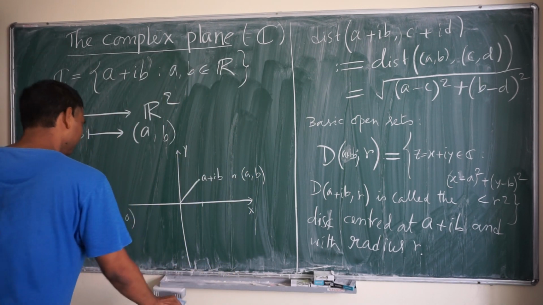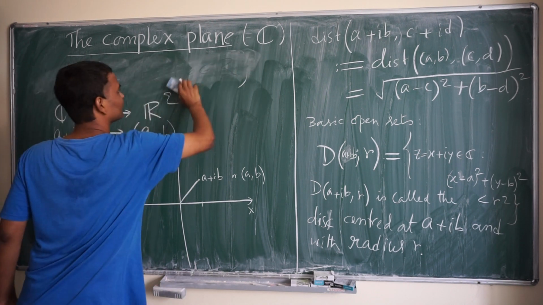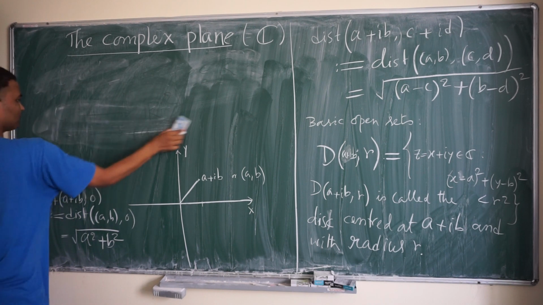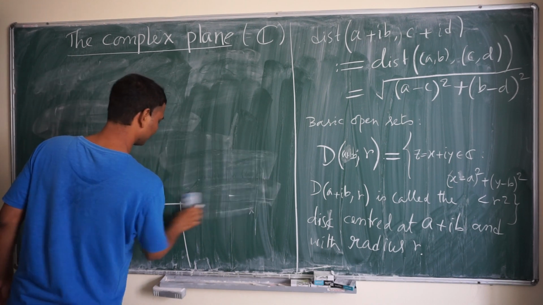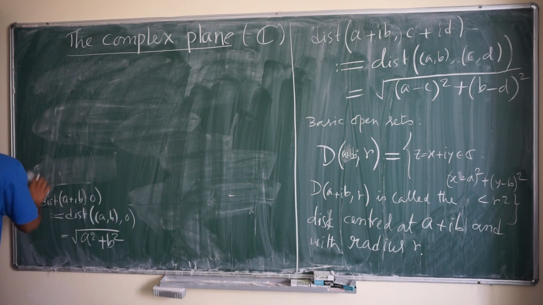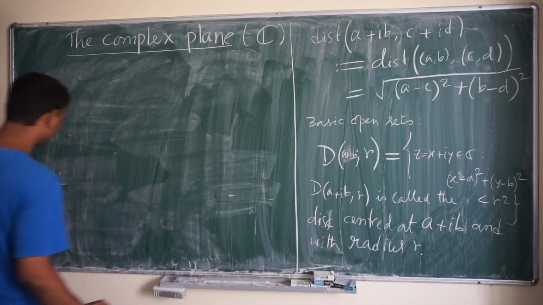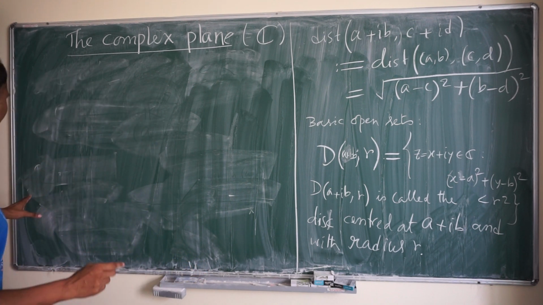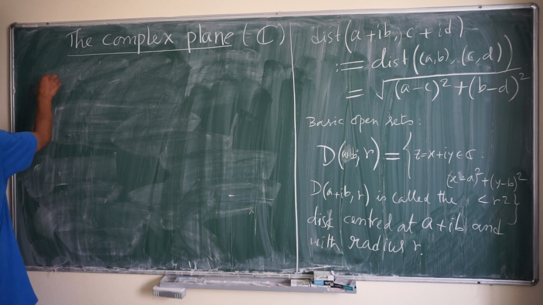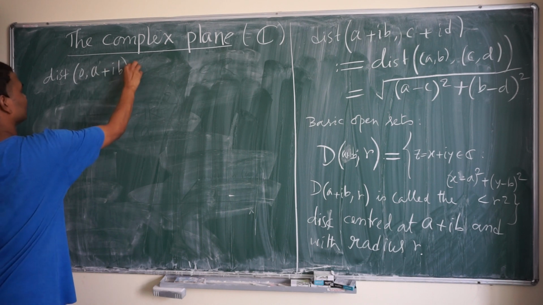Now what we want to do is define the open sets. One more thing here: the distance between 0 and a plus ib has a name.